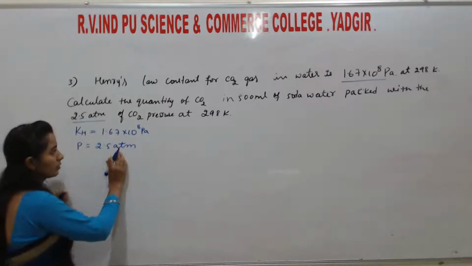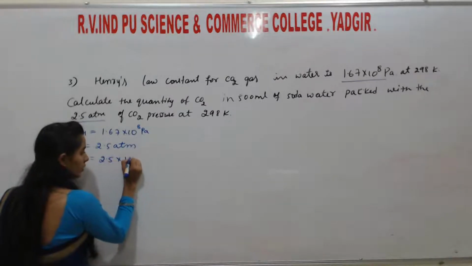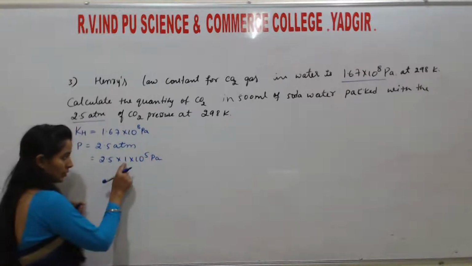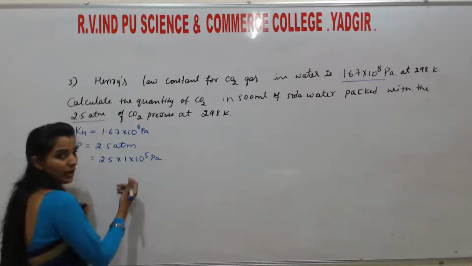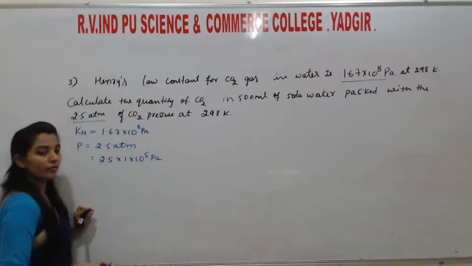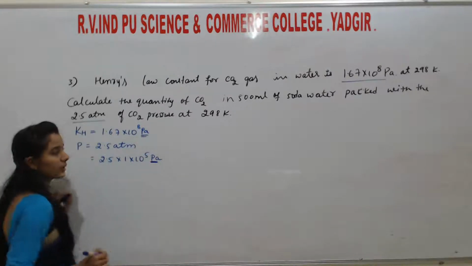It is better to convert this into Pascal, so that is 2.5 into 1 into 10 power 5 Pascal. This is actually 1.0135, but if it is approximately 1, we can take 1 into 10 raised to 5. So now both the inputs are in the same units.